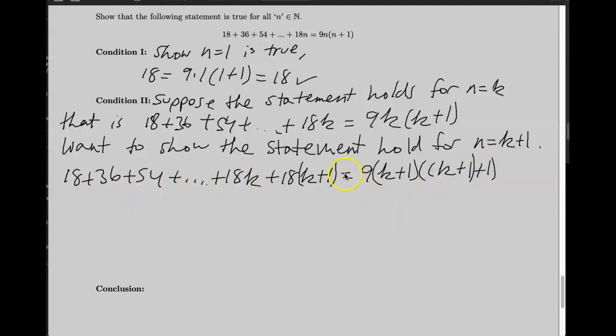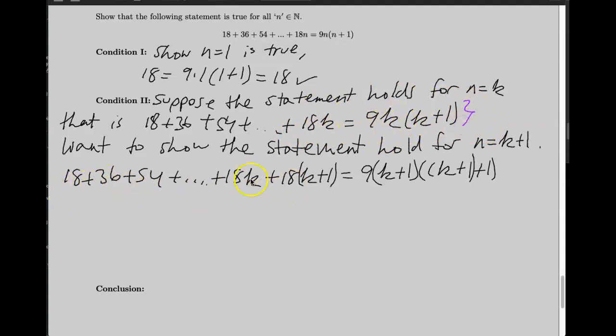Okay, so we want to show that this left side is the same as this right side. And to do that, we want to use what we're assuming to be true. And what we're assuming to be true is that 18 plus 36 plus 54 plus ... plus 18k is 9k times k plus 1. That this kth statement is true.